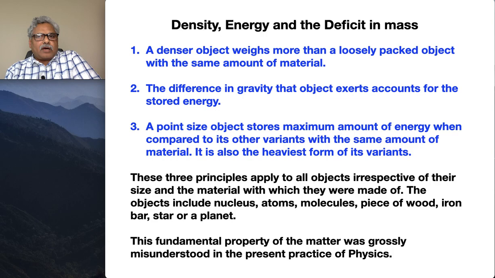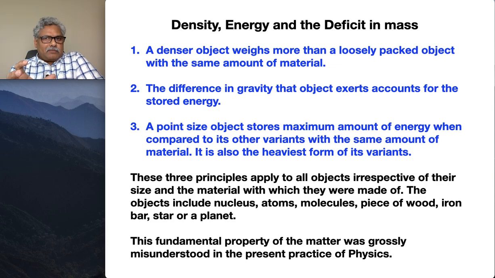in all the objects. So when you compress an object, the density increases and it stores more energy and it measures more mass or more gravity towards the earth. When it expands, the density of that object decreases and then it releases the energy.